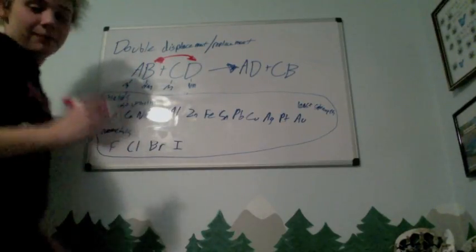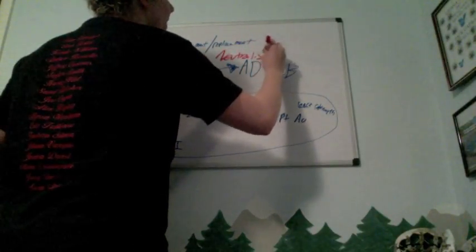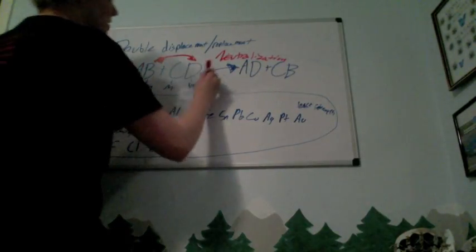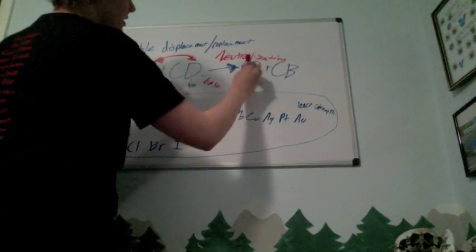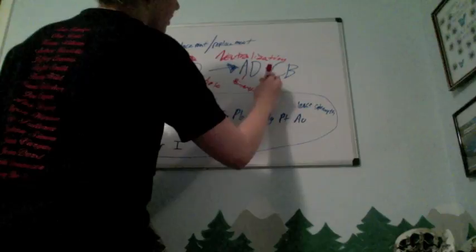So basically what happens in this reaction is the nonmetals switch with each other and just swap which metal they're at. Now, a special form of this reaction is called neutralization. And neutralization only works if this is an acid and this is a base. And what happens is this forms a binary salt, and this is water.